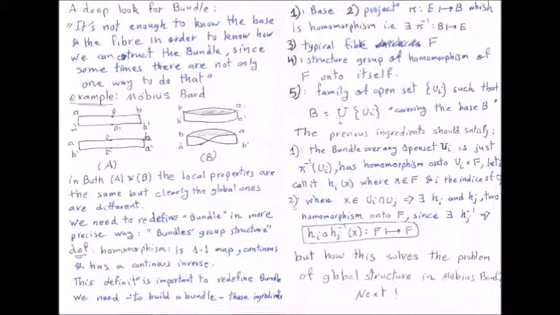And you need a typical fiber, let's call it F, for example the tangent fiber, or any fiber you wish. Fourth, you need a structure group of homomorphisms of F onto itself. And this structure group of homomorphisms plays a crucial role in this redefinition. Finally, you need a family of open sets U_i, such that the union of this family of open sets will cover all the base.